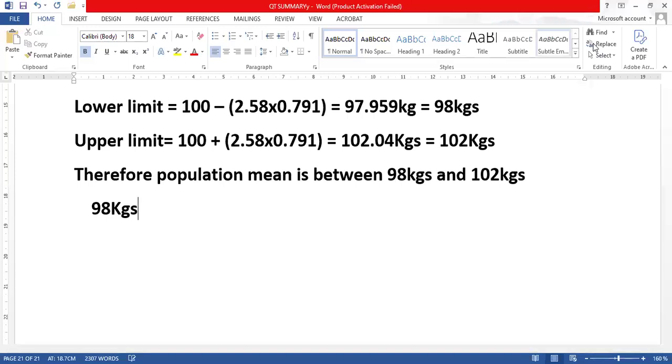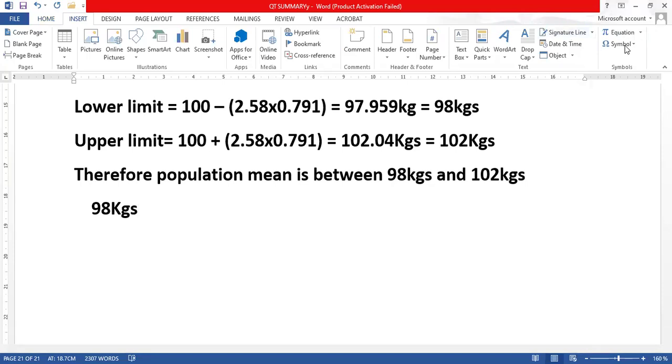less or equal to mu, less or equal to 102.